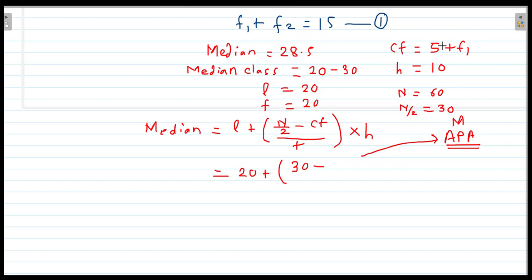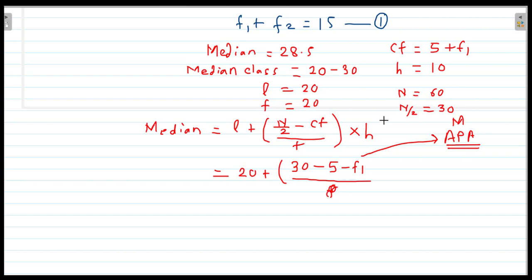So we will have to change the sign of 5 as well as F1, but we forget to change the sign of F1 and simply write minus 5 plus F1. Don't do like that. Here it will be minus 5 minus F1. So be careful at this accident prone area, divided by F.